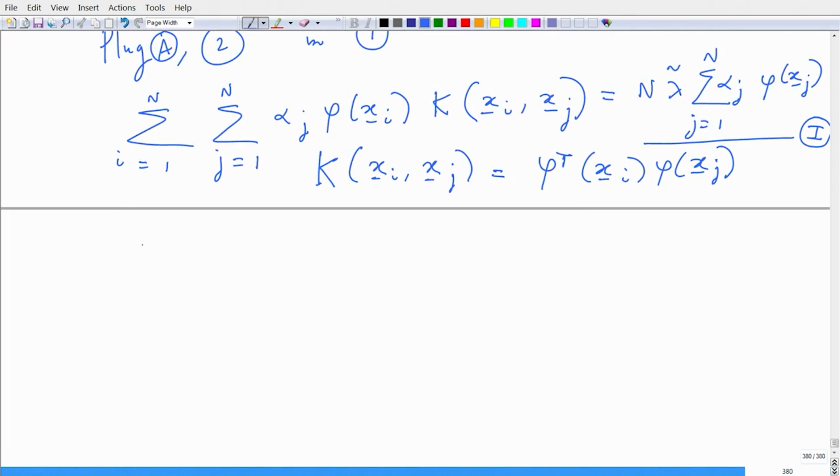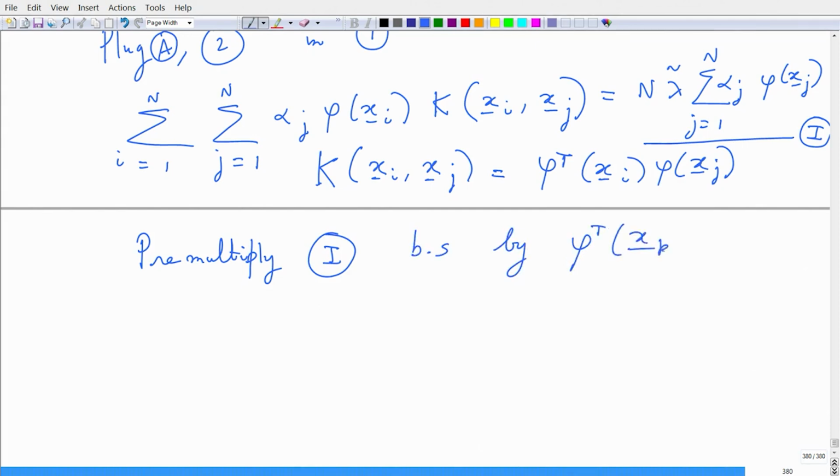Now pre-multiply this equation 1 on both sides by phi transposed xk.